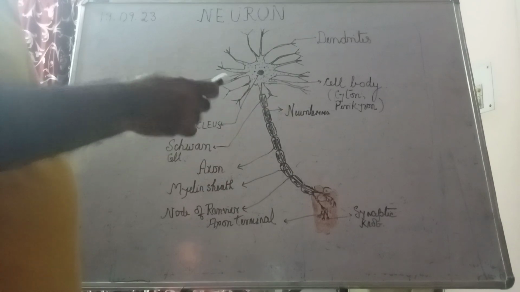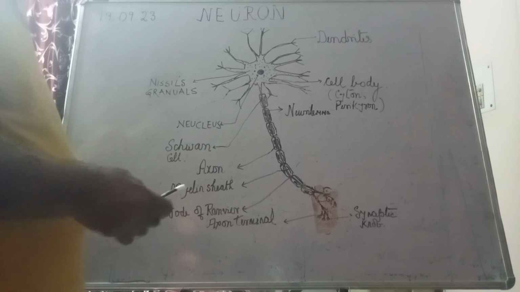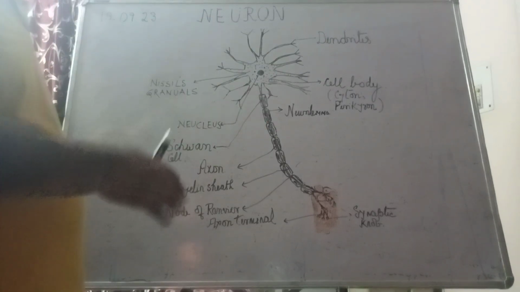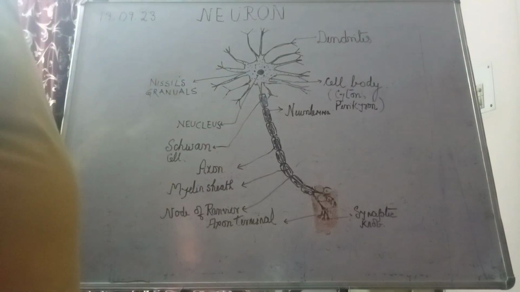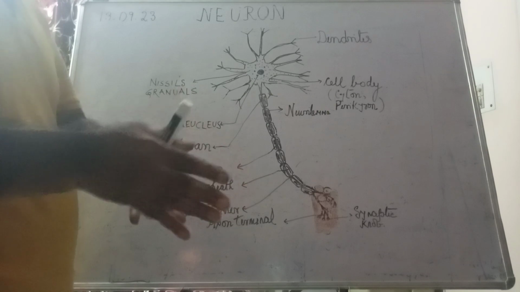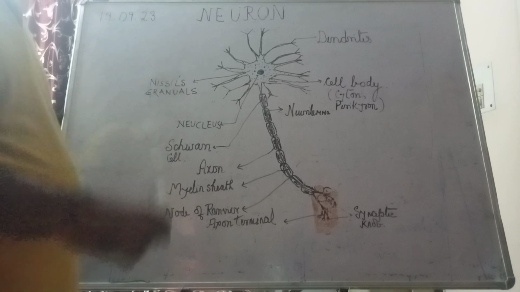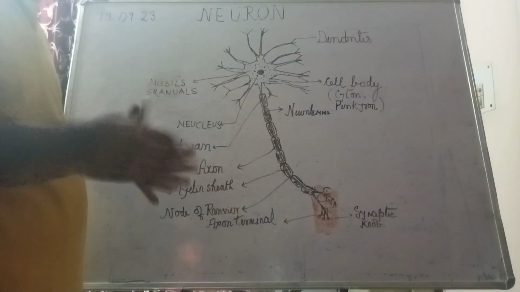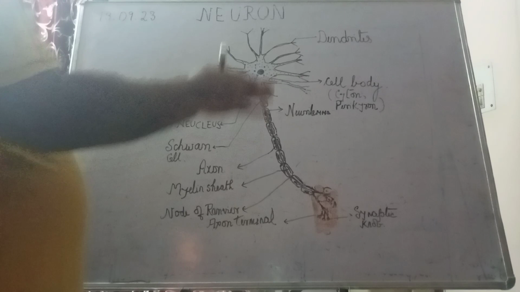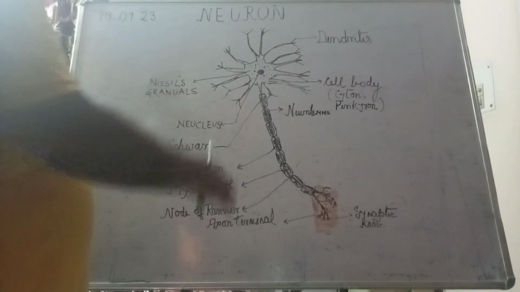So from the polarized state, they will make a depolarized state, and this conversion of negative ions into positive ions will be conducted to the neighboring area of that particular fiber, of that particular membrane. Like this it will go on. From polarized state to depolarized state, this will be conducted further.